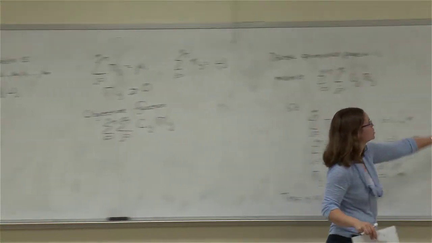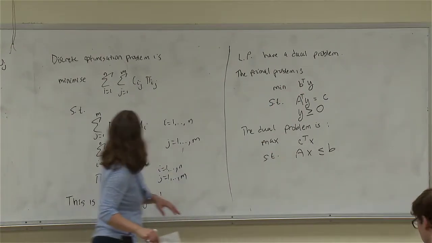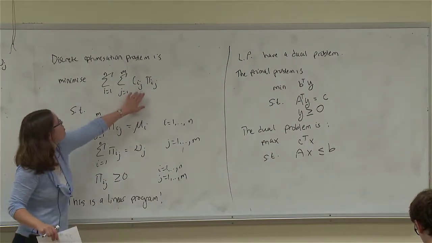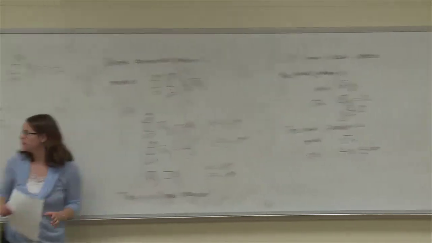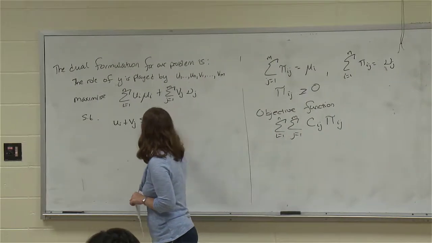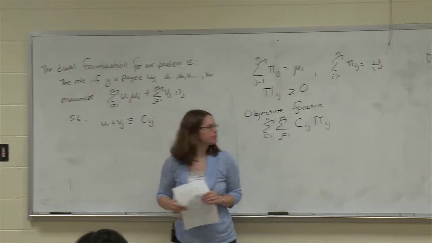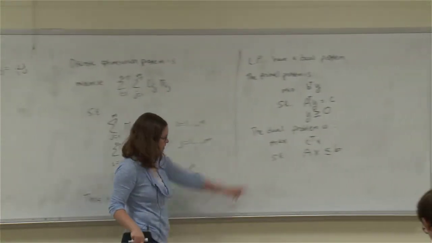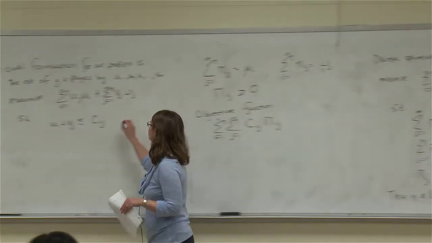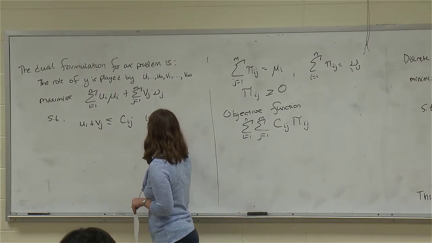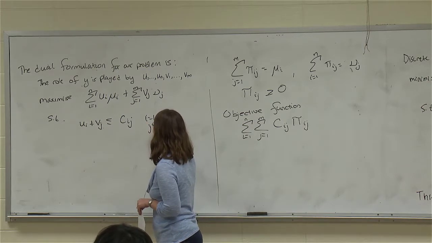Where was b? B showed up in the objective function. The coefficients that came in the objective function were these Cij's, the cost function. So this is Cij. Okay, and again, as was pointed out, this is component-wise. So we've got to do this for all values of i and j.